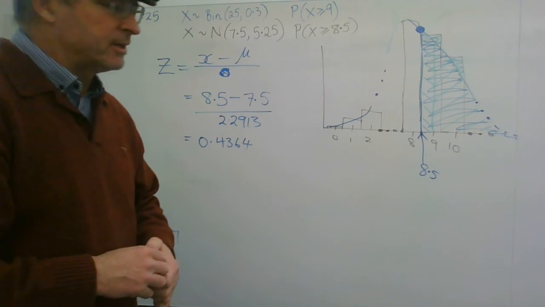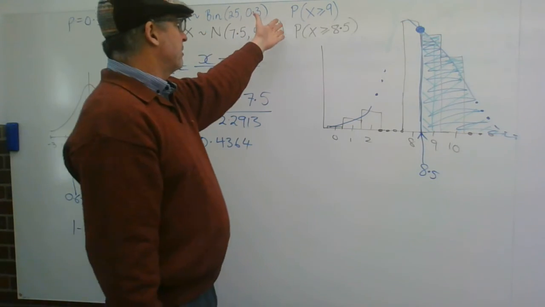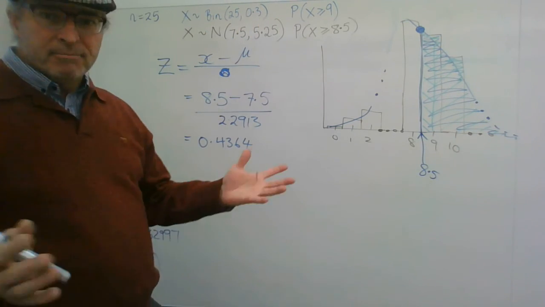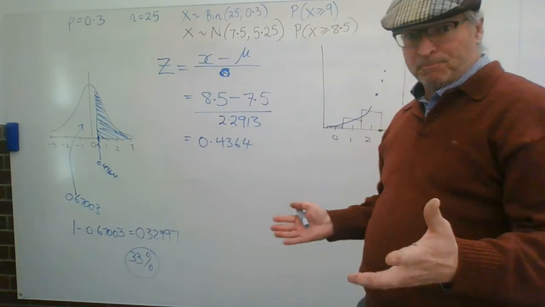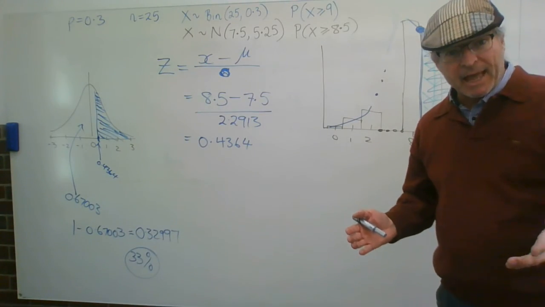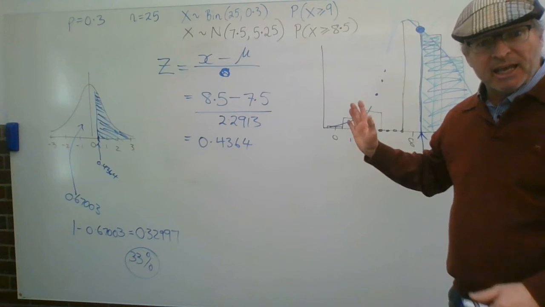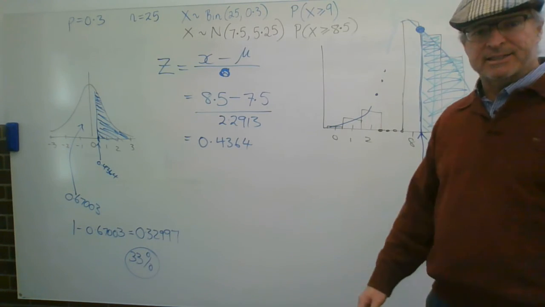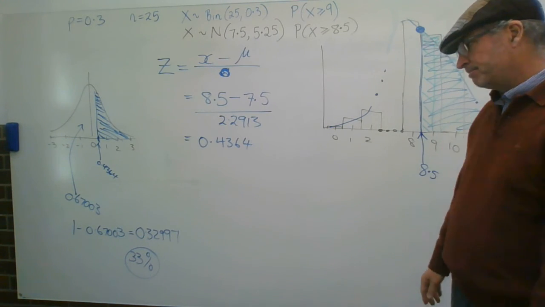So the probability that x is bigger than or equal to 9 is probably about 0.33. It saves me adding 17 different individual probabilities together from the binomial expansion.